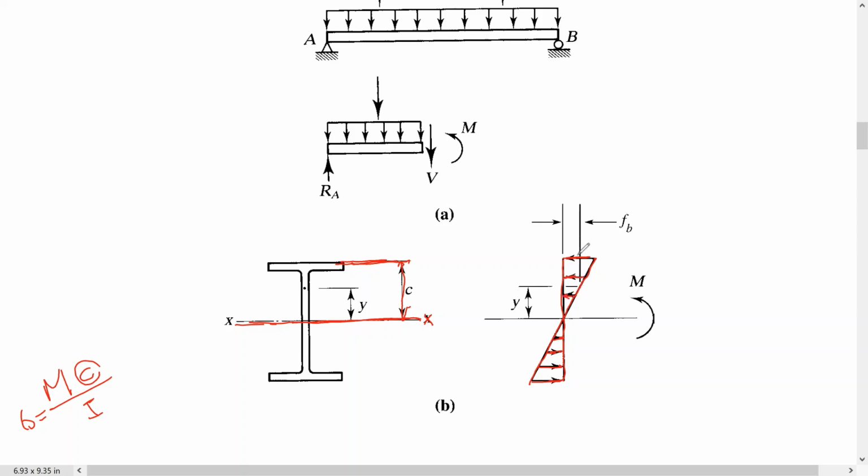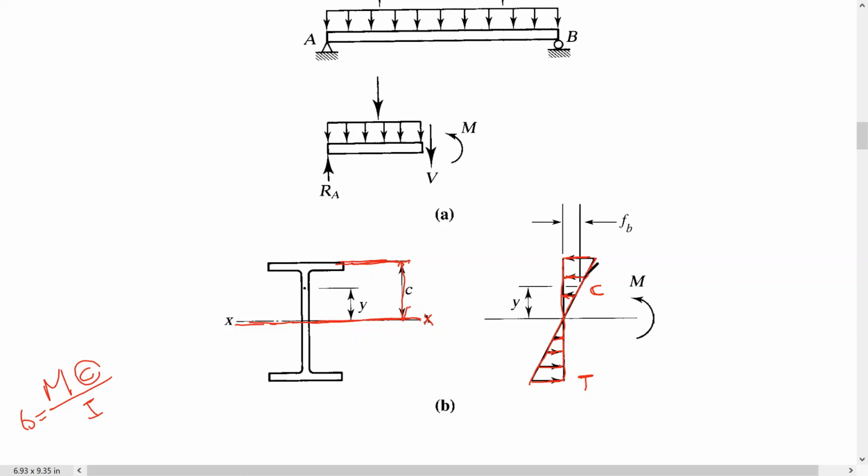Okay, actually this is a tension stress, this is a compression stress. Here the bending stress distribution is assumed to be uniform across the width of the beam.